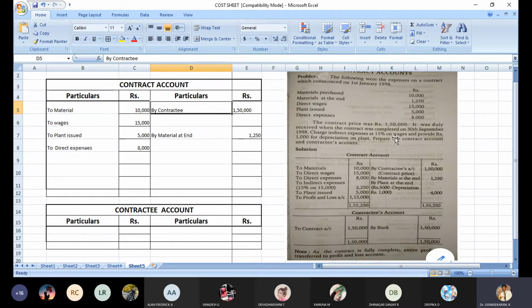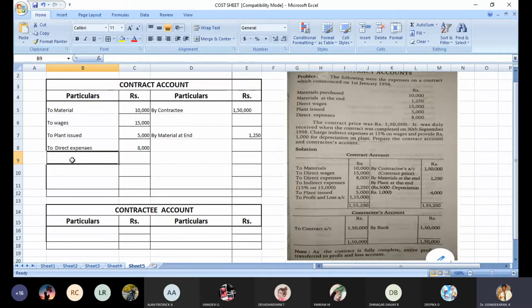Okay. Next, charge indirect expenses at 15% on wages. Direct expenses were already entered, and one more expense is given here. Indirect expenses amount is not given directly, but indirectly the percentage is given for indirect expenses. So whatever expenses, direct or indirect, all the indirect and direct expenses are entered into the contract account.